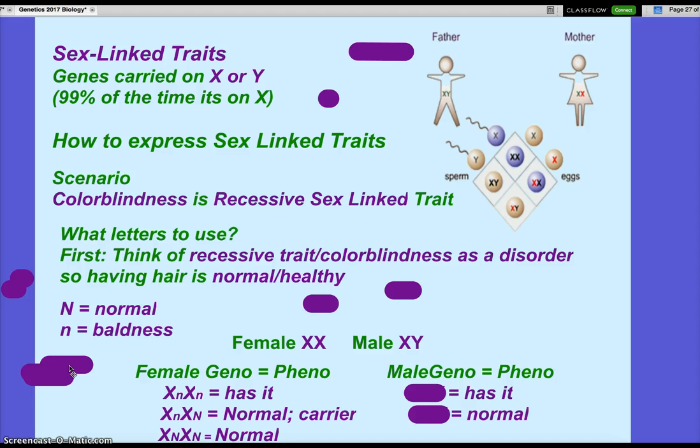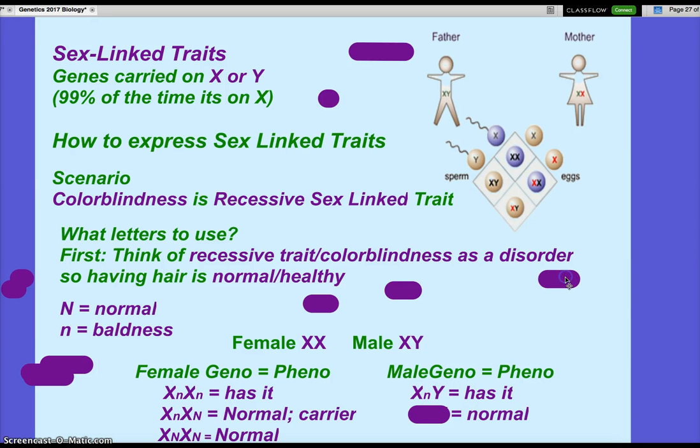Who could give me the males? A male that has it. Capital X, little n, capital Y. That's it.